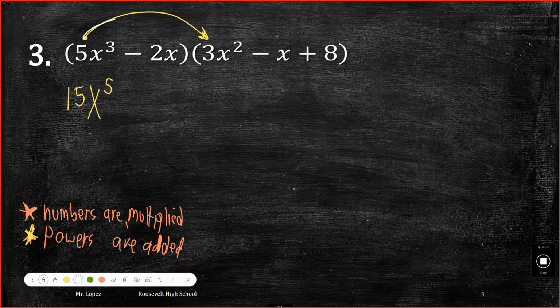Numbers are multiplied. And yes, here's where people are like, I don't get it. Why do you not get it? There's no number here.